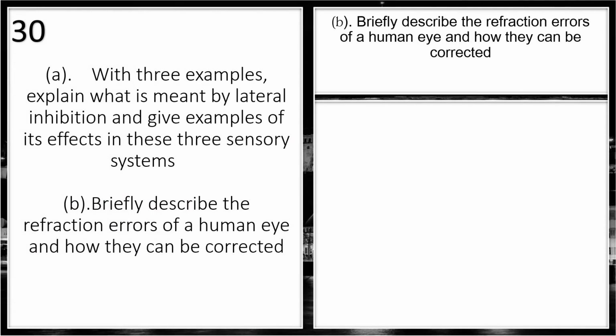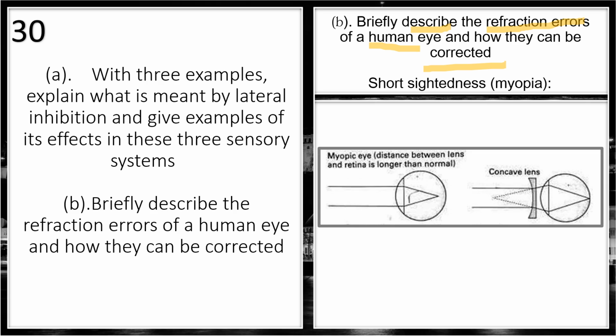Part B. Briefly describe the refraction errors of the human eye and how they are corrected. We shall start with short-sightedness, myopia.